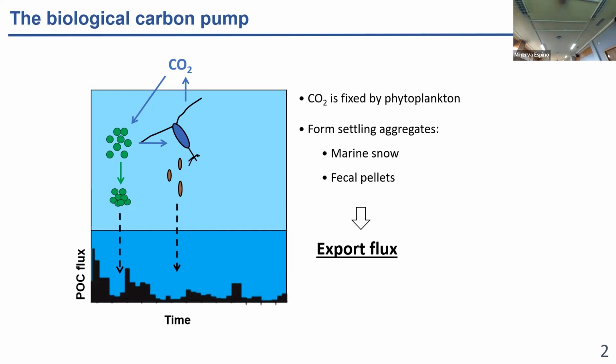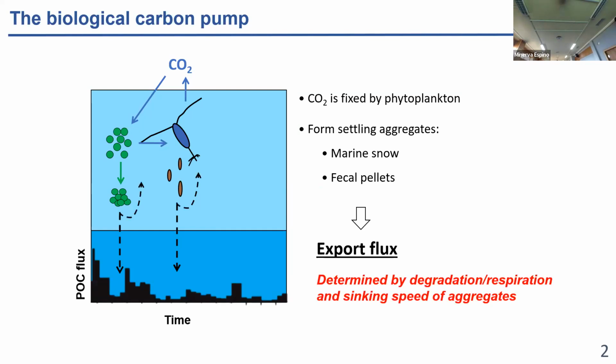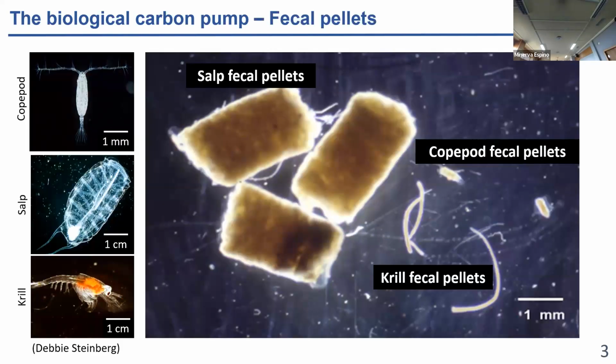But if we really simplify it, the amount of flux we get at a certain depth is determined by degradation or respiration of the sinking aggregates and the sinking speed. This is a very simple way of saying it, and this is what we will try to look at in this lecture.